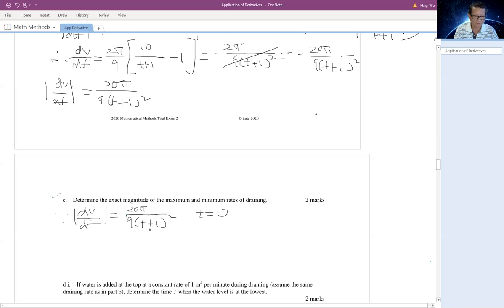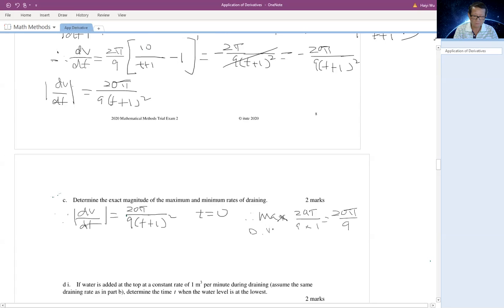The denominator becomes smallest, so the total fraction becomes maximum. So the maximum rate is 20 pi divided by 9 times 1, so the answer is 20 pi divided by 9.